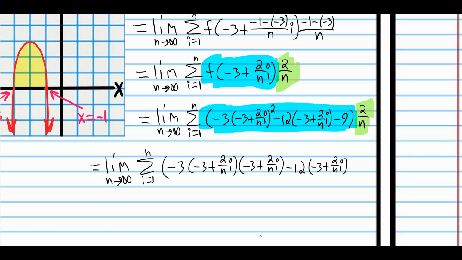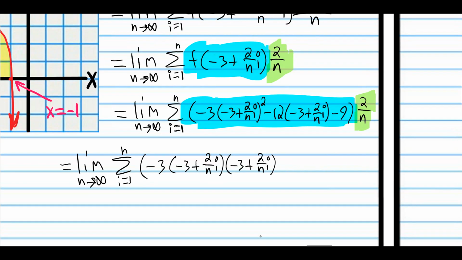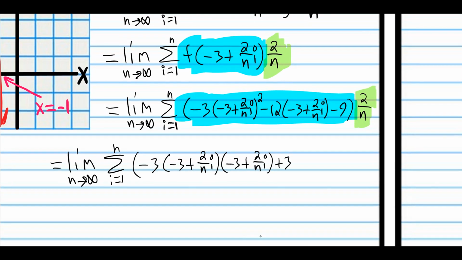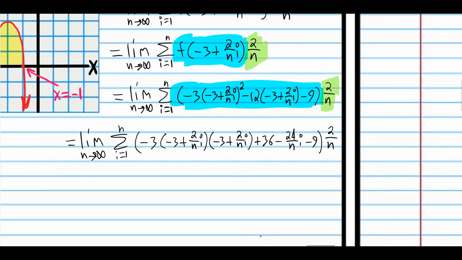I guess I can go ahead and distribute the negative 12. So we get 36 minus 24 over n i, then minus 9, and all that is multiplied by 2 over n.